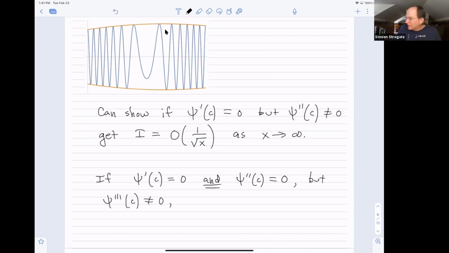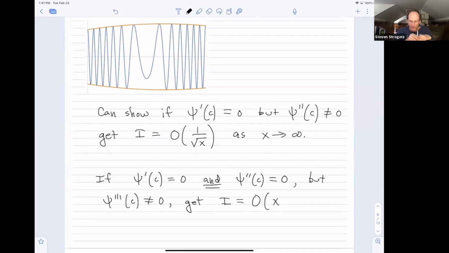Maybe you can guess what will happen. Your pattern recognition abilities may be kicking in here. You'll get that the integral is of the order of x to some power. Anyone want to guess what the power will be? Maybe type it in the chat if you have a guess. As a reminder, we had 1 over x for the vanilla case.